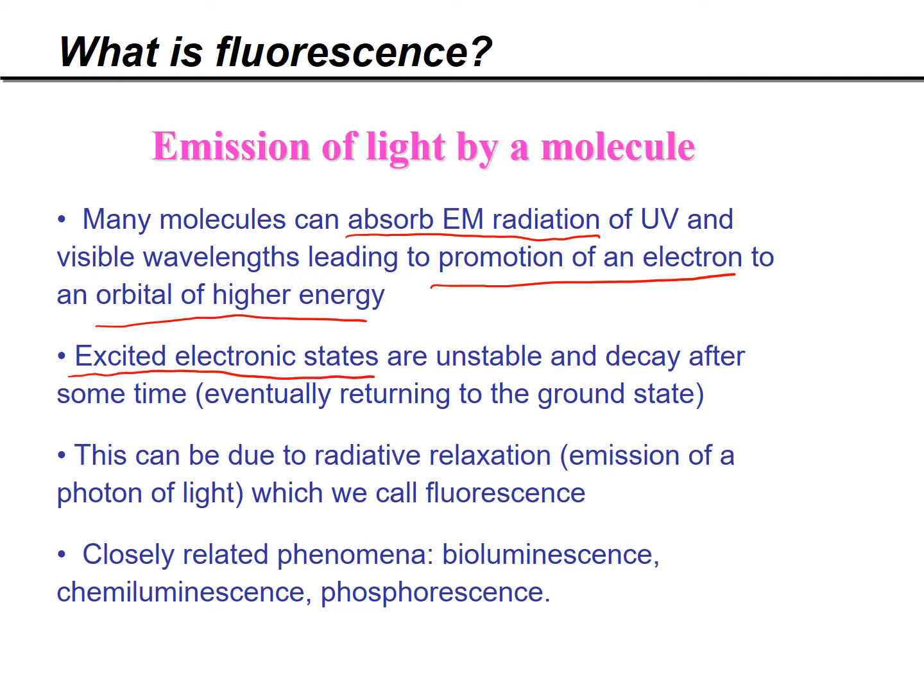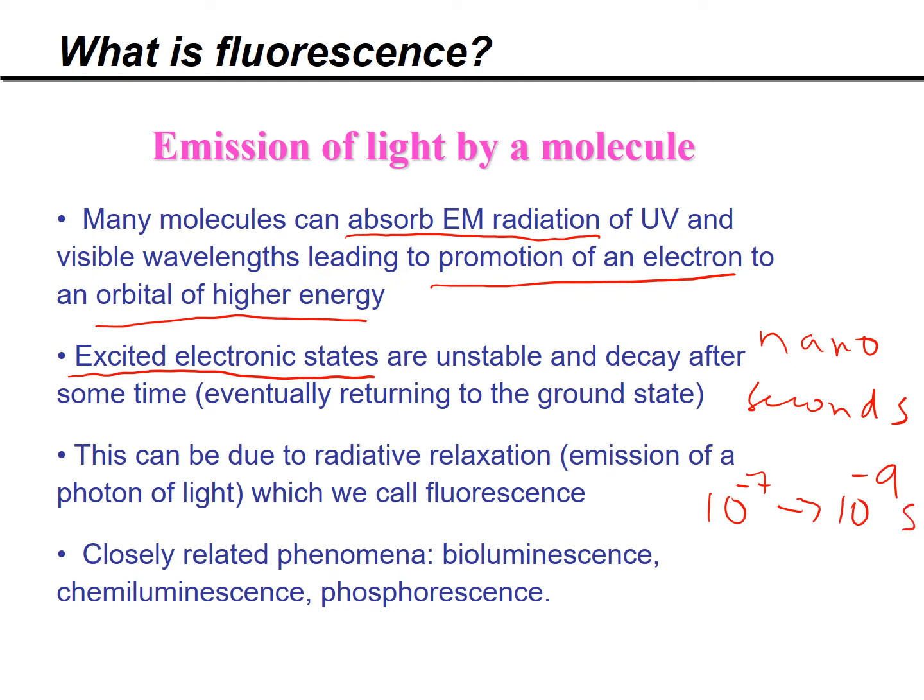Now these are unstable and will decay usually pretty quickly back down to the ground state, and that decay is typically on the time frame of nanoseconds, 10 to the minus 7 to 10 to the minus 9 seconds.